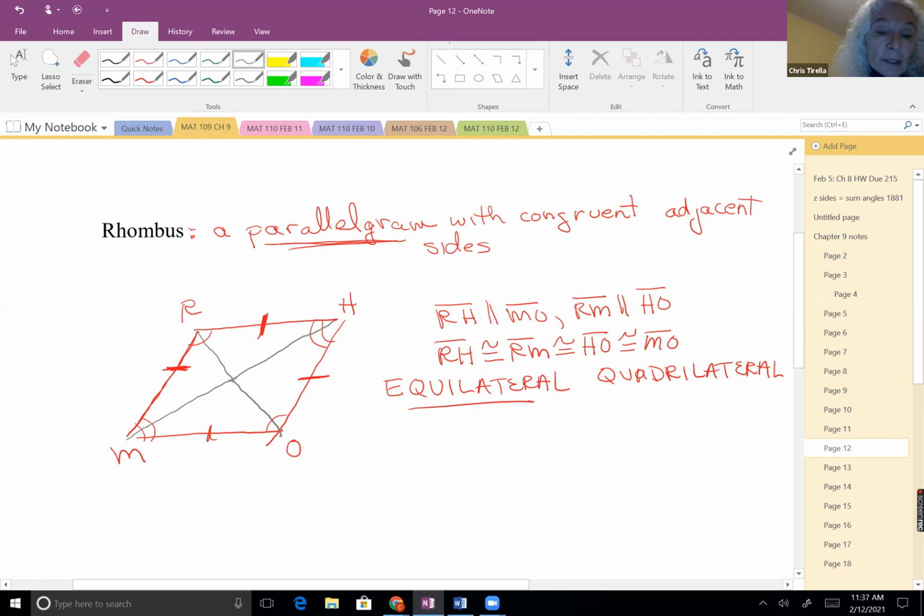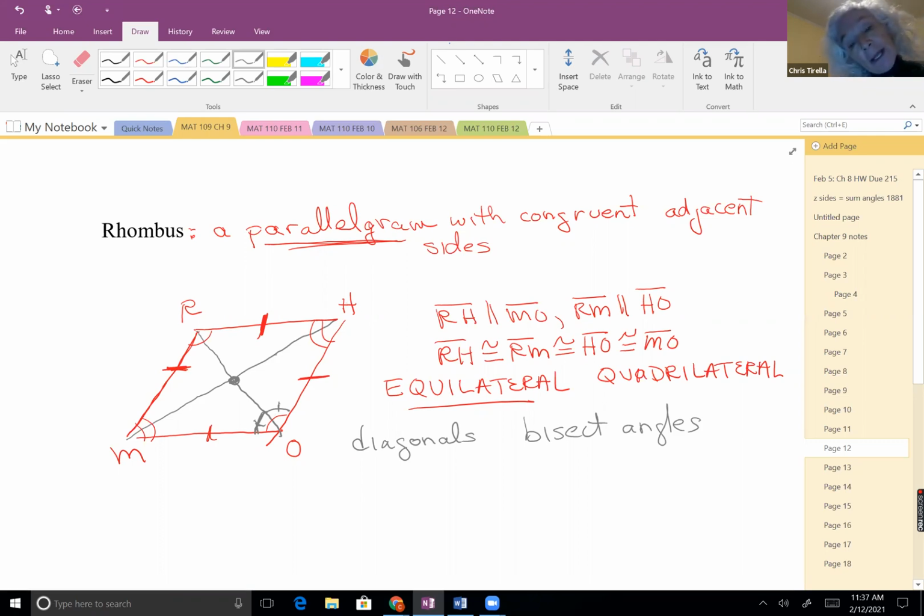They bisect each other. And another thing that's kind of cool about the diagonals of a rhombus is that the diagonals bisect the angles. And so, like over here, I'm taking angle O and dividing it into 2 equal parts. I'm taking angle H and dividing it into 2 equal parts.